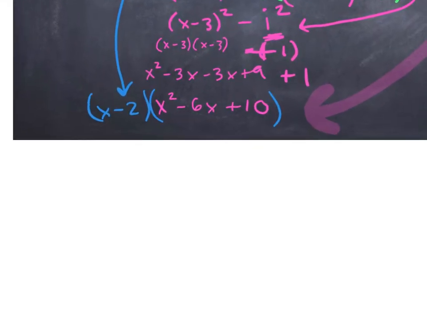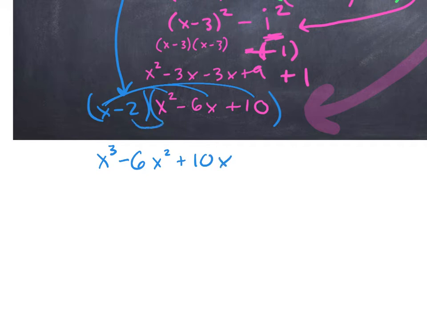So x times x squared is x cubed. x times -6x is -6x squared. x times 10 is 10x. What's -2 times x squared? -2x squared.